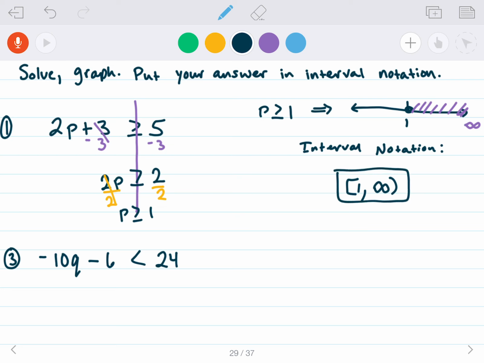So this is my solution. These two things mean the same. P is greater than or equal to 1 is the same set as 1 to infinity. So this is the graph, and this is the solution in interval notation.